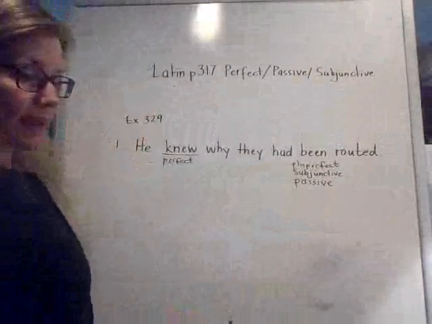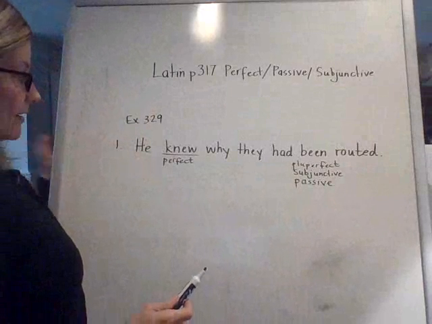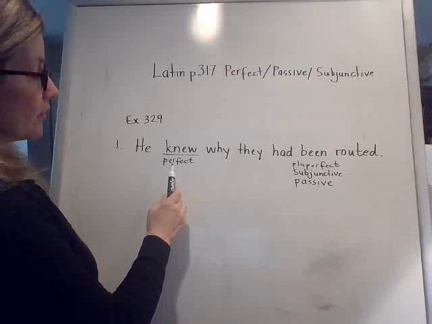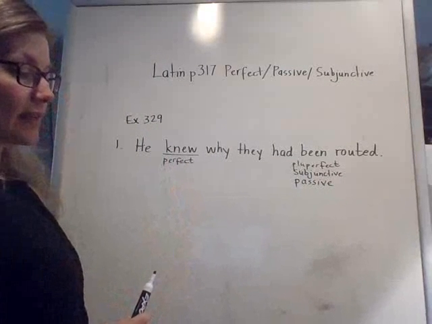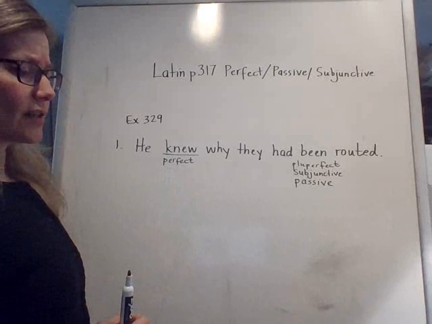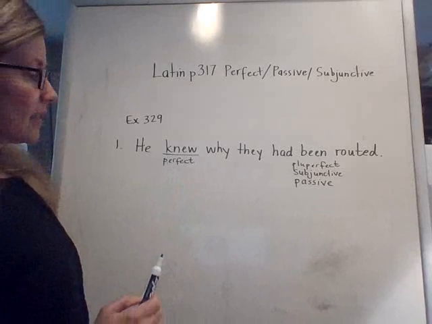All right, let's go ahead and start doing a little bit of translating. He knew, this is a new verb that you're learning this week. The verb is scio, scire, scivi, scitus.